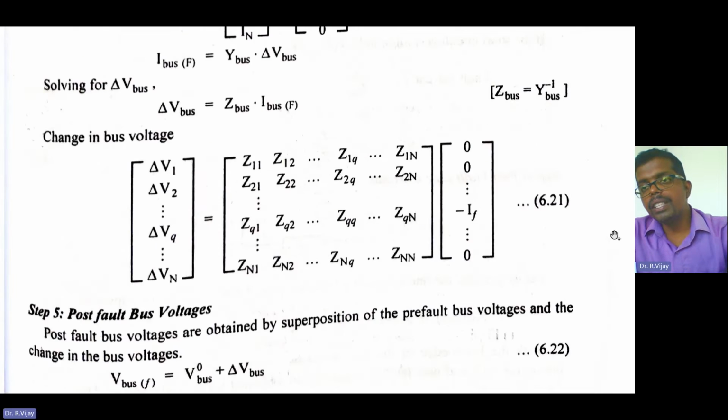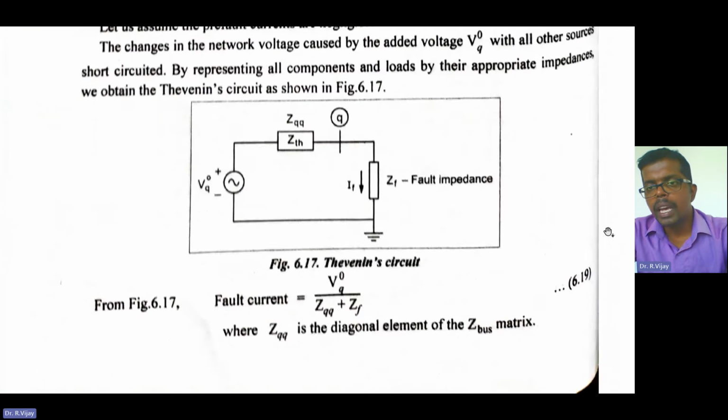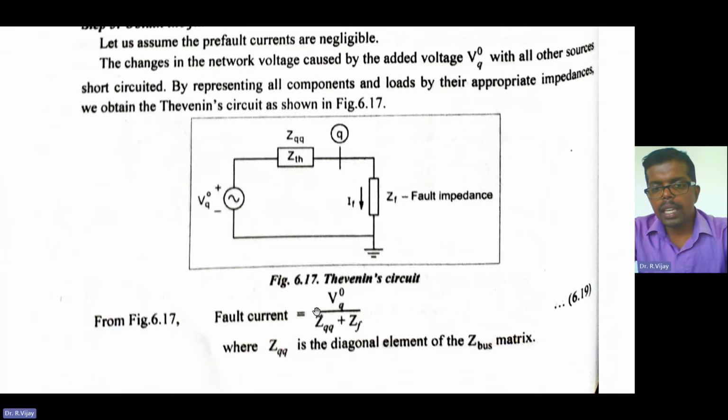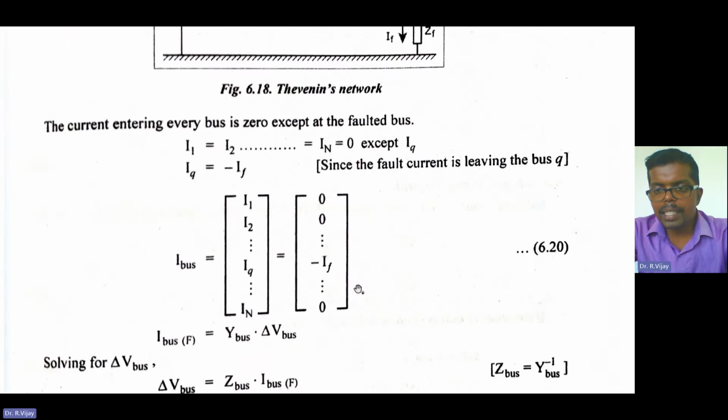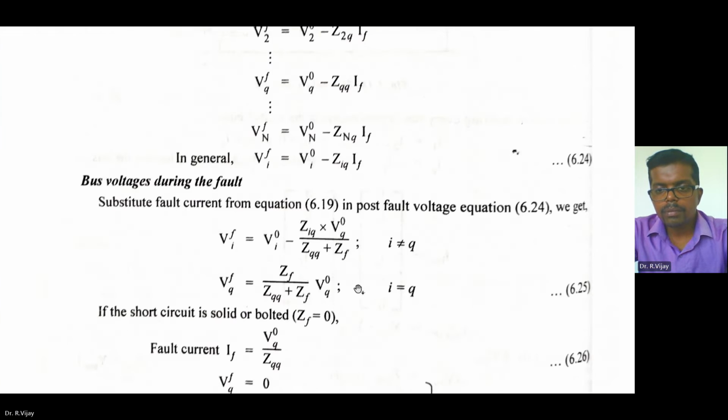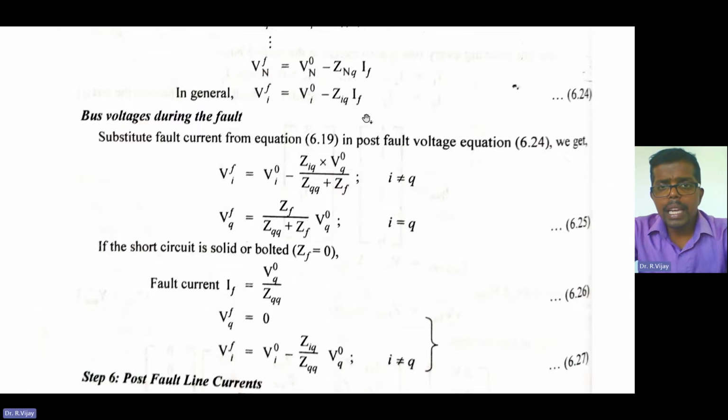So first we calculated, no? Fault current is equal to VQ naught divided by ZQQ plus ZF. This IF, we are substituting in this equation. If you substitute, then this fault voltage becomes VIF is equal to VI naught minus ZIQ into IF.